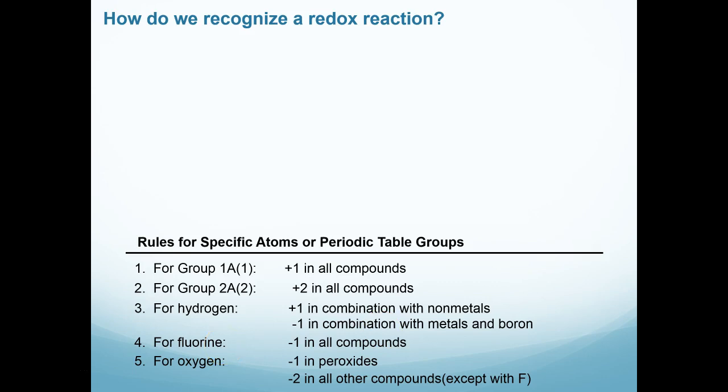So how do we recognize a redox reaction? What we need to do is something called assign oxidation states. So in order for a redox reaction to occur, I have to look at each element on the reactant side and on the product side, and the oxidation states have to be changing. Okay?